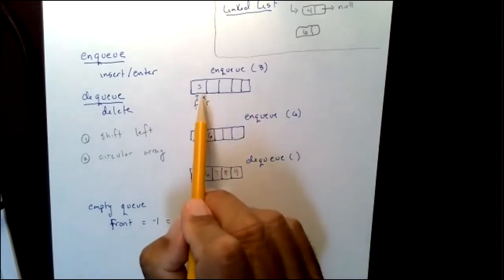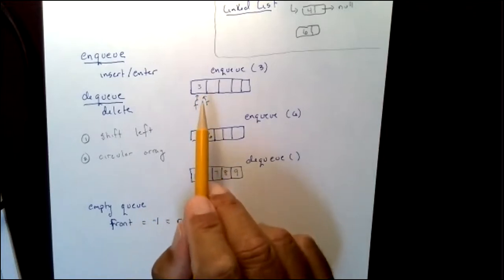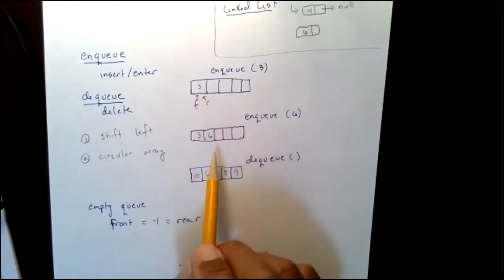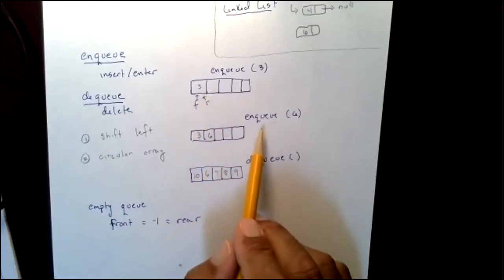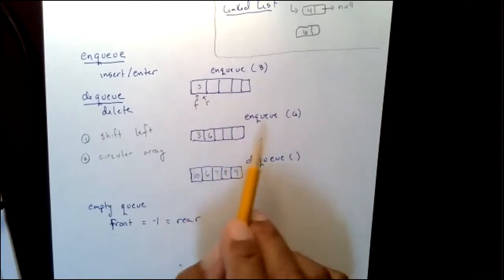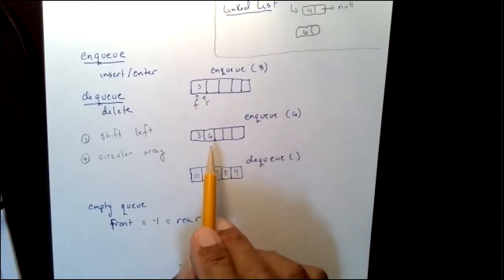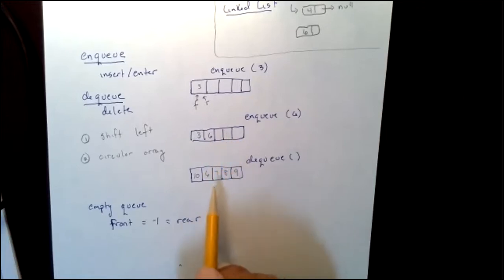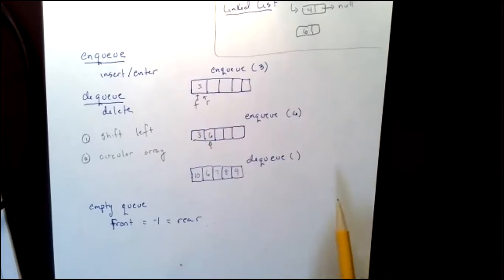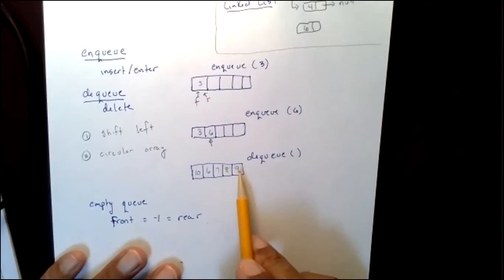If I add something to an empty queue, front and rear both start at -1. And every time I add something to the queue, rear would get incremented. So rear right now is at 1 because I added something. And if I add this, it becomes a 2, a 3, a 4.